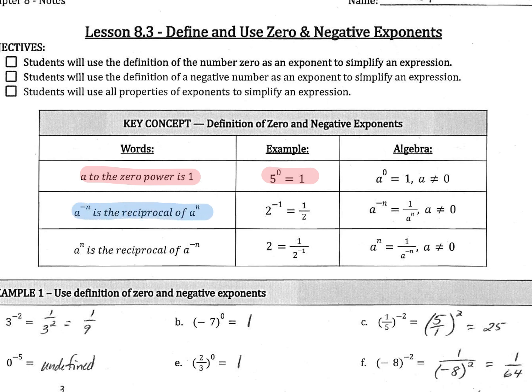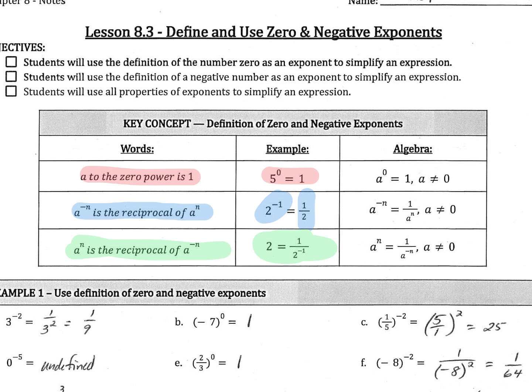The next row says that if we have a number with a negative exponent, for example, 2 to the negative 1, we can take that 2, we can move it down, and it becomes 1/2. The other thing that we can do is if we do have a positive exponent on top, for example, 2 to the first power, we could move it down, and now the exponent becomes negative.